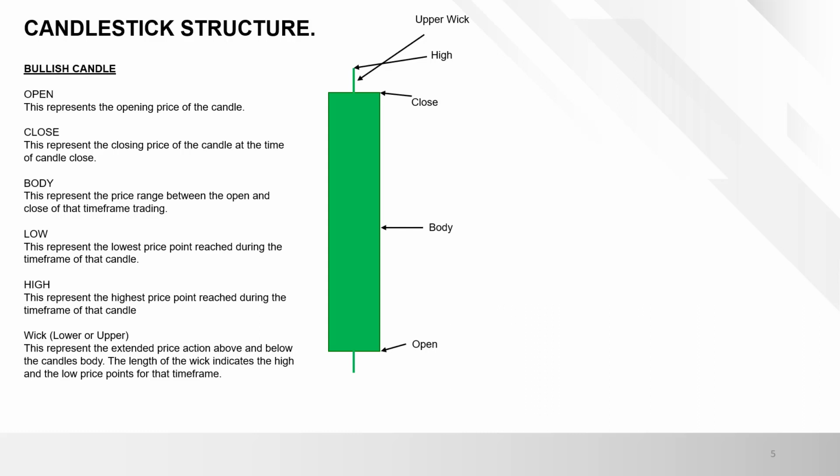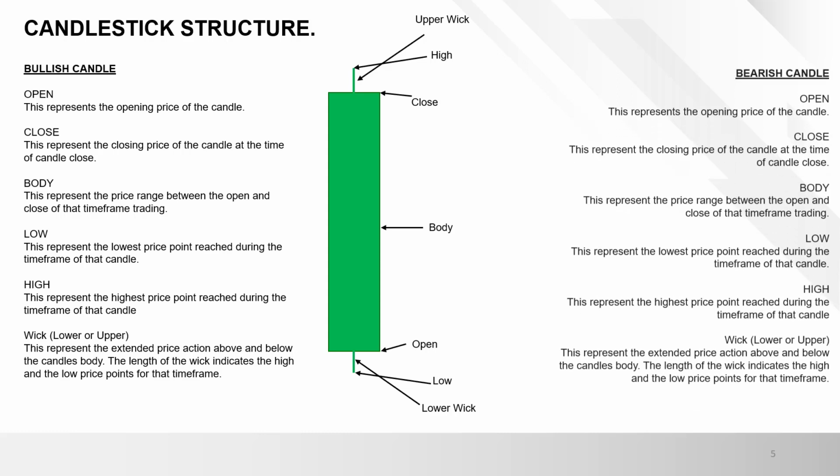The length of the wick indicates the high price point for that time frame. We also have the low, which represents the lowest price point reached during the time frame of that candle. And then we've got the lower wick. This represents the extended price action below the candle's body. The length of the wick indicates the low price point for that time frame.